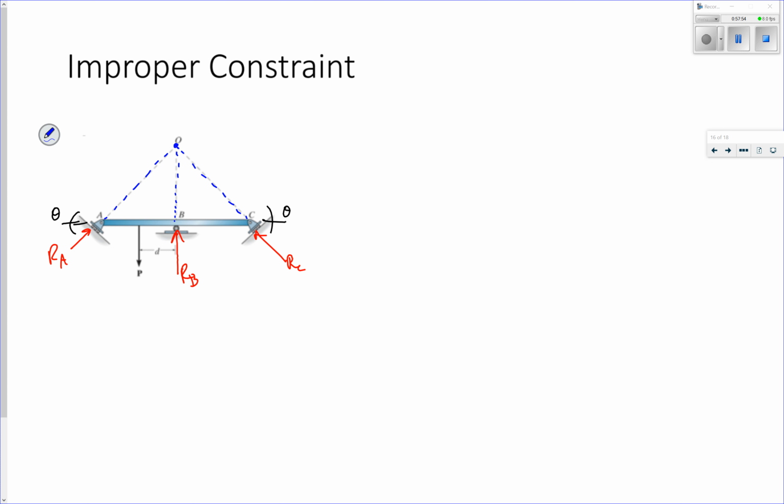If I take a moment about O, I've got my reaction force at A, but there's no moment arm. So reaction force at A times 0. A reaction force at B. Again, there's no moment arm because if I just draw that line up, there's no moment arm.